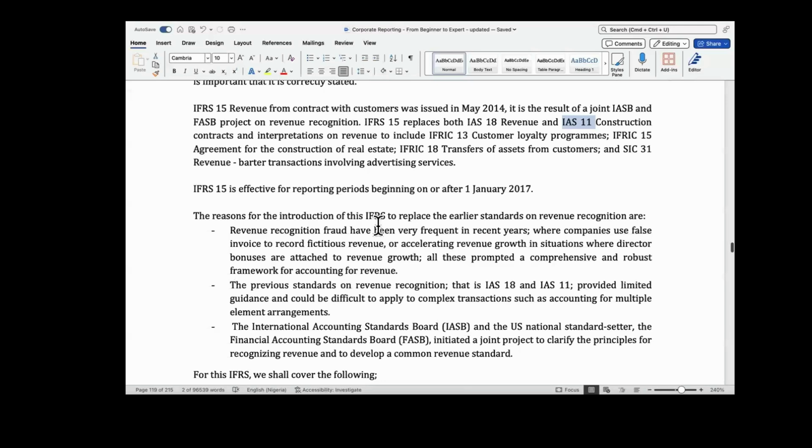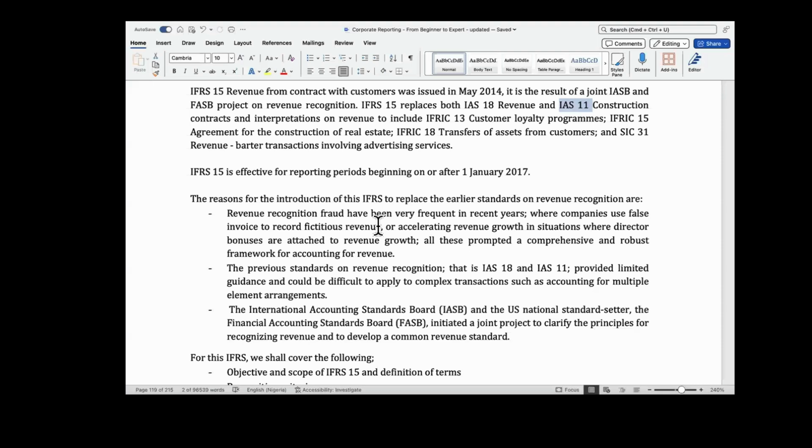We'll be looking at the objective of IFRS 15 first, the recognition criteria, measurement of revenue, contract costs, presentation and disclosures.